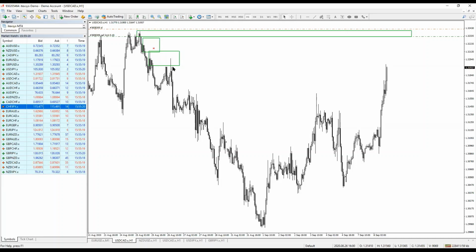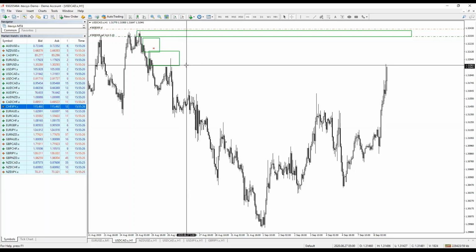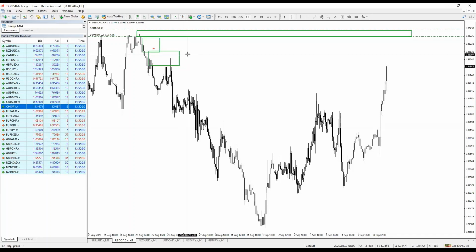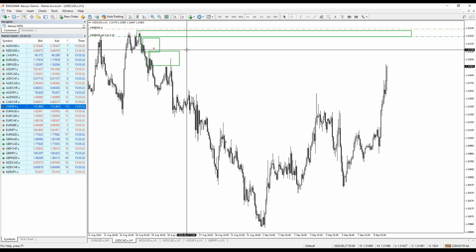Price gave us some drawdown, but our entry would have been right at 1.319693, and our stop loss would be just above. We see that within that range, we wouldn't be stopped out yet. Next, price is going down and coming up.